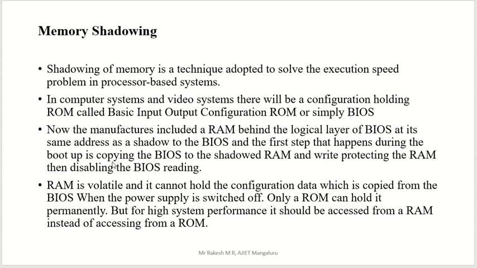We copy the BIOS content to RAM and protect the RAM, then disable the BIOS reading. No need to access the ROM directly, as it takes a lot of time. So we take that BIOS data inside RAM and execute it. The execution is faster because it is in RAM. RAM execution is faster compared to ROM. Then once it is over, we can keep that back in ROM itself. This is the concept explained in memory shadowing.